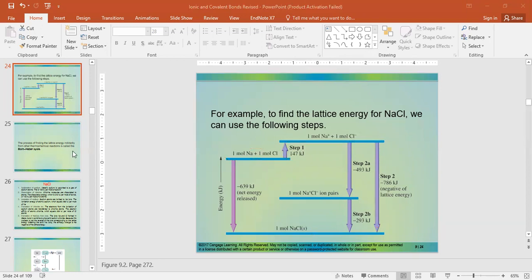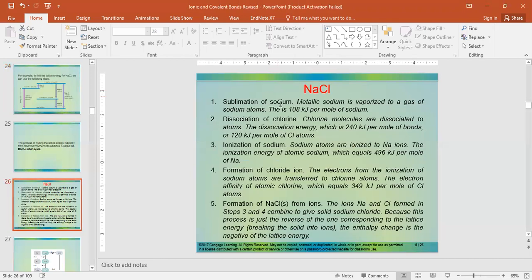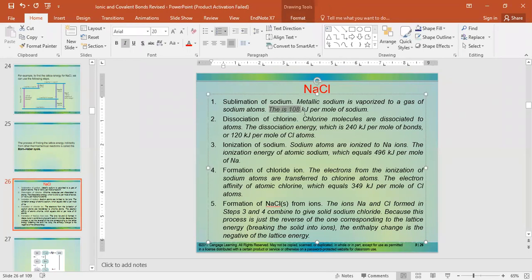Thank you. So further, we are explaining what is happening in this slide. The first one is the formation of sodium chloride. The first thing is the sublimation of sodium. Metallic sodium is vaporized to a gas of sodium atoms, and the energy involved is that.